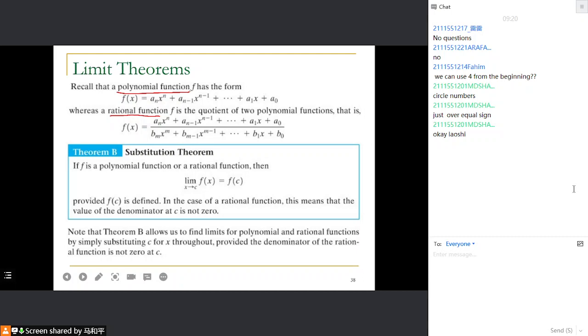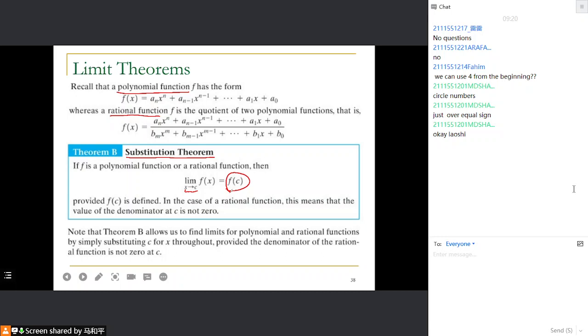Theorem B, we have the substitution theorem. This means if f is a polynomial function or a rational function, then the limit is equal to just substituting x by c, which is f(c). So this is called the substitution theorem.